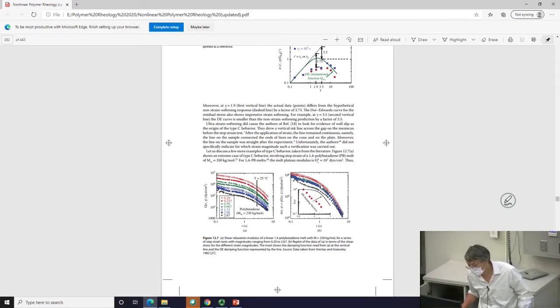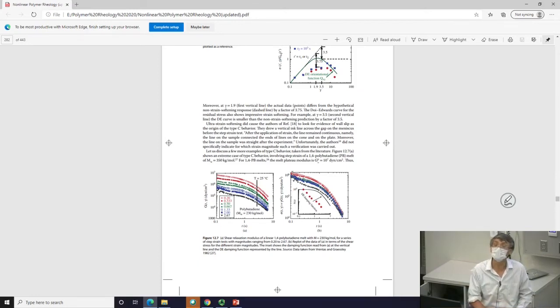You can see, oh gosh, in this case, very remarkably, the more sheared one is the black, the less sheared one is the red. Oh my Lord, this one is disastrous. Even at the beginning, the stress you produced with less strain was actually higher. I will explain later why it happens.